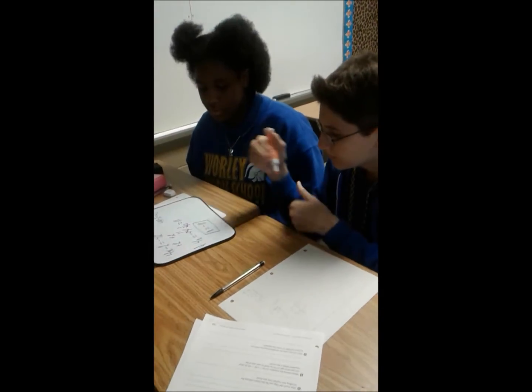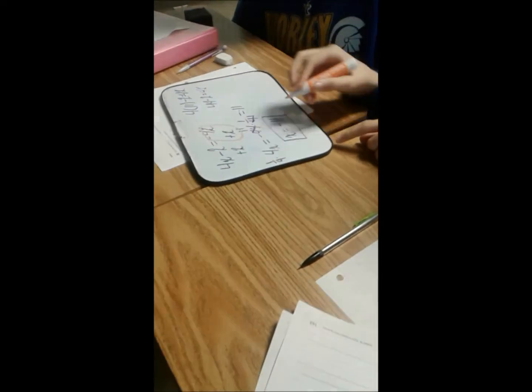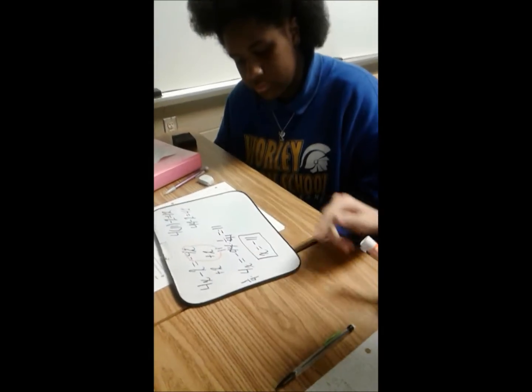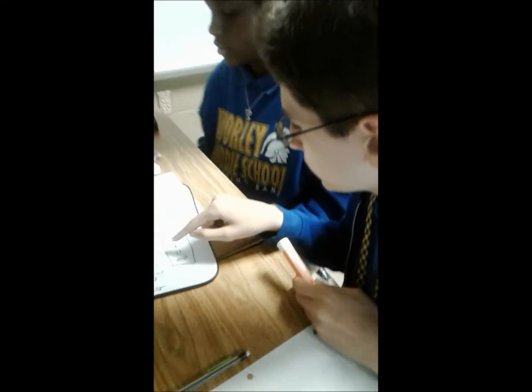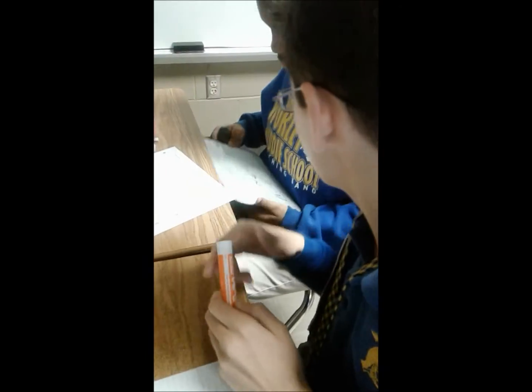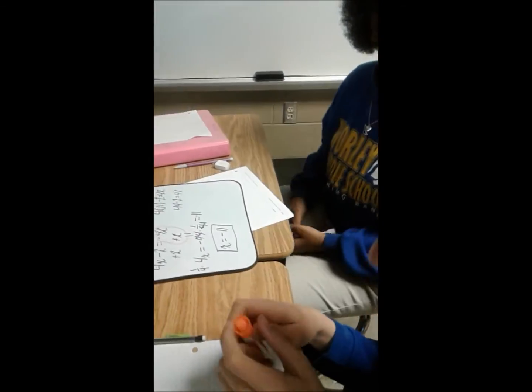This is where you messed up. Right here. Good job. Explain to her why. Now don't erase it. Just explain. Because 2 plus negative 42 equals negative 40. So it will be negative 10. Put it up there so we can see it.